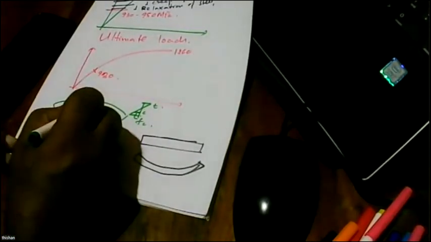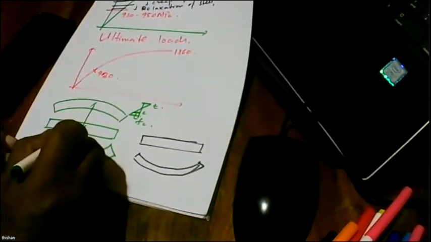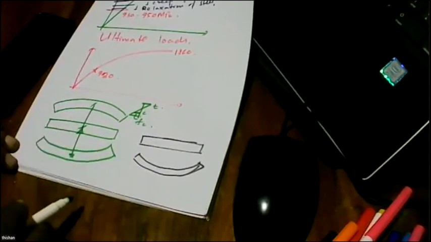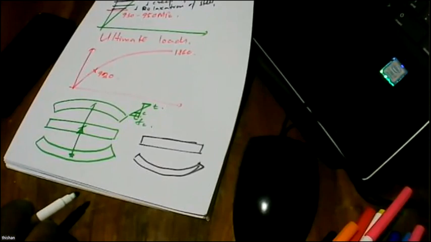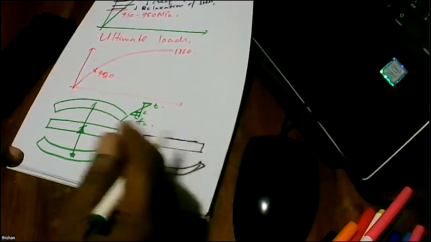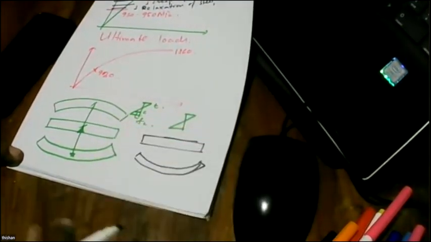So from here to here, you get this stress range. And from that one, it will go on stretching like this. Right? So it will keep on stretching like this. Whereas in reinforced concrete, it's just a normal stress-strain curve, and you look at the relationship.